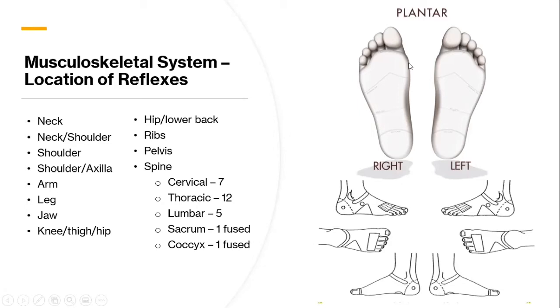You're going to be going down. And then from here to the waistline is going to be your thoracic vertebrae. From the waistline to about the pelvic line, right in here to about right here, is going to be the lumbar. And then you're going to have the sacrum and the coccyx.